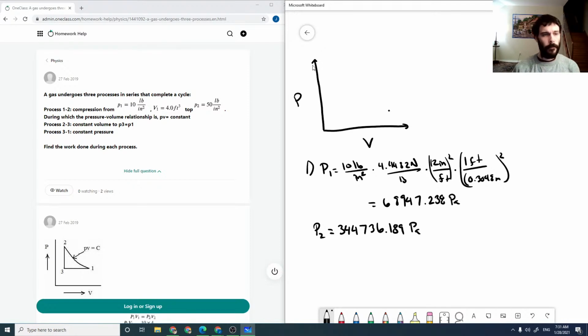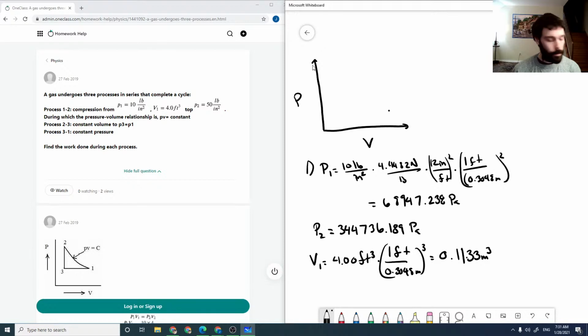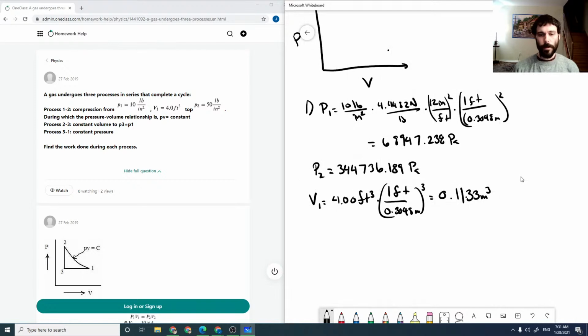Okay, and our volumes: our V1 is 4.0 feet cubed times our foot conversion, which is 0.1133 meters cubed. For our second volume, PV is constant, so P1 V1 equals P2 V2.